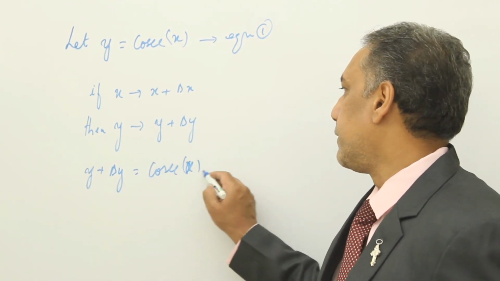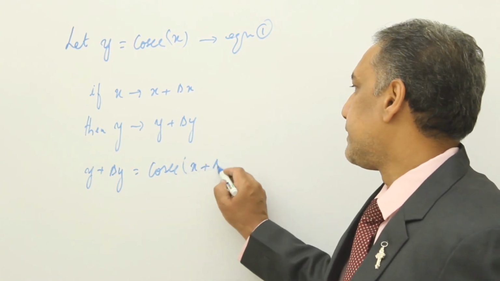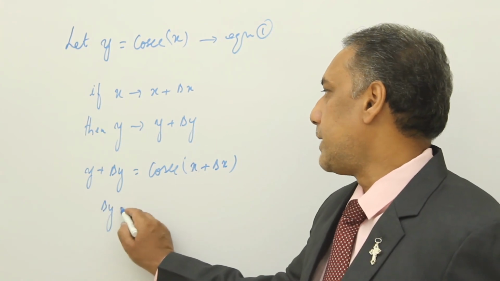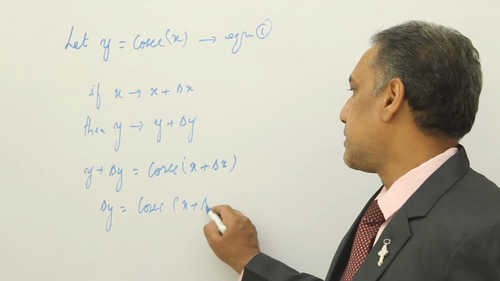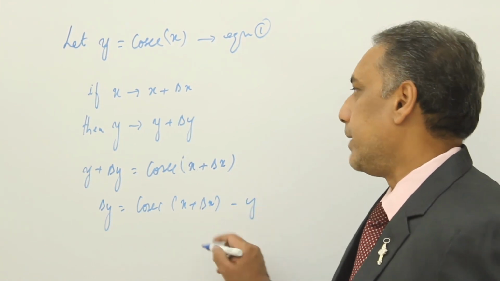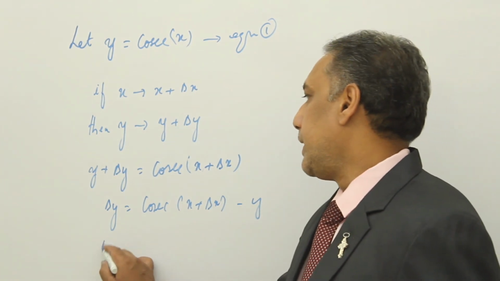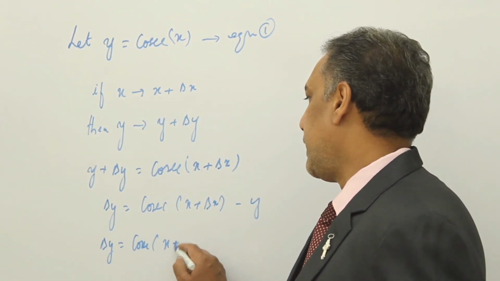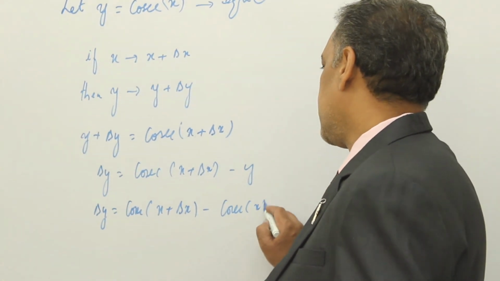cosecant of x plus delta x. Transposing y, you get delta y is equal to cosec of x plus delta x minus y. Substituting from equation 1 for y, we get delta y is equal to cosec of x plus delta x minus cosec x.